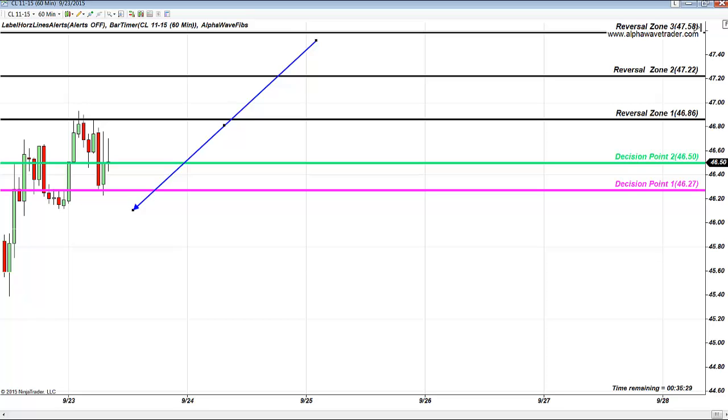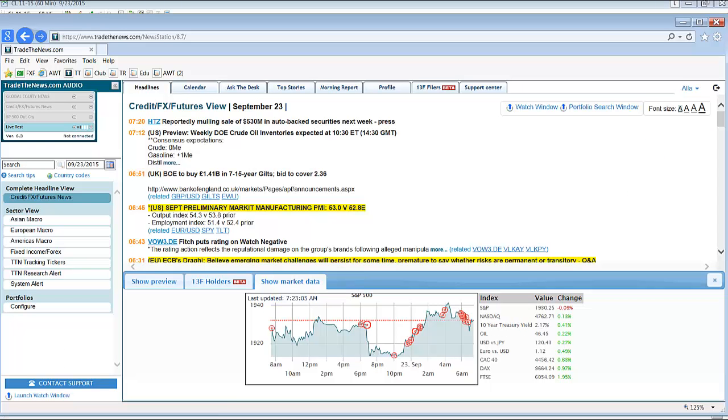What plays out next? We would love for the price to fly here, and 5 minutes after the oil news release, if rules are met, we will be taking price down. If rules are not met, we will not be touching oil. The first 5 minutes we ignore completely what oil does.